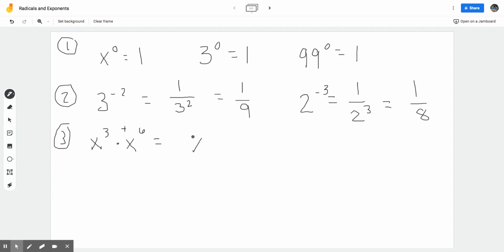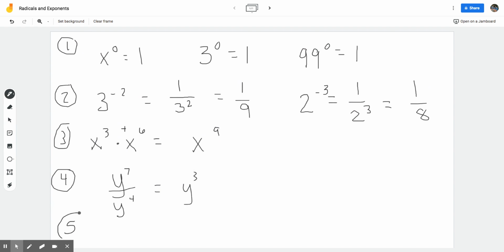So this would just be x to the 9th power. When I'm dividing, let's say I have y to the 7th divided by y to the 4th. When I'm dividing with the same base, then I just subtract my exponents. So 7 minus 4 is equal to 3.